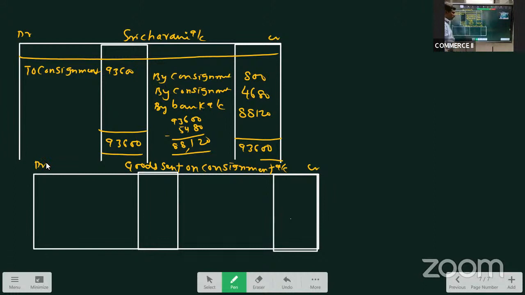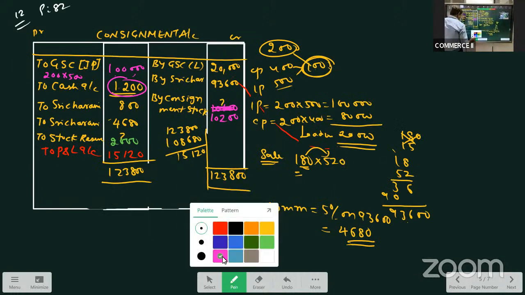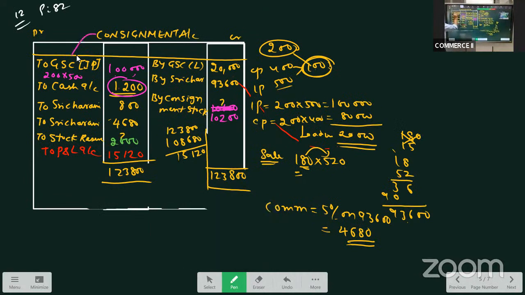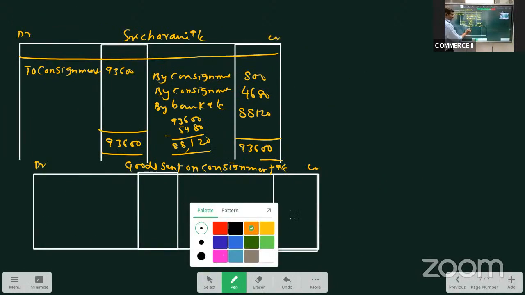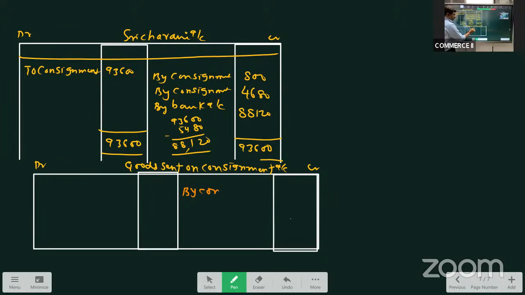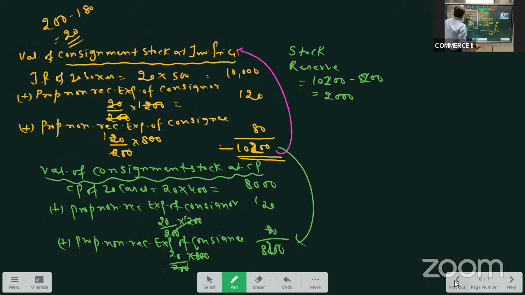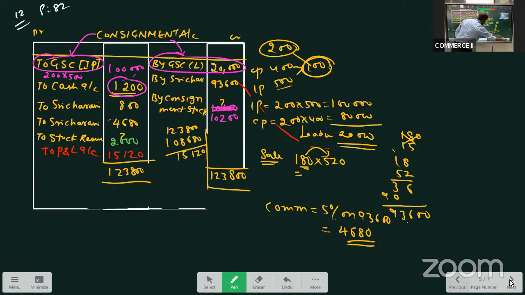Okay. Now, again, let us go back to our consignment account and see. In consignment account, we were having GSC on the debit side and we were having GSC on the credit side as well. Both these have an effect in our GSC account. Debit will come on the credit side and the credit will come on the debit side. So by consignment, what we took in debit, I think we took 1 lakh.